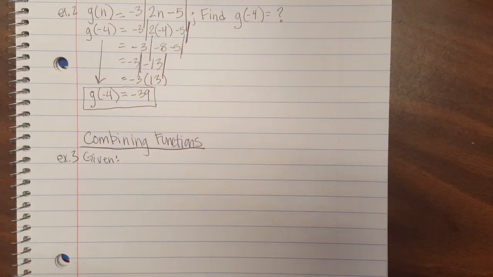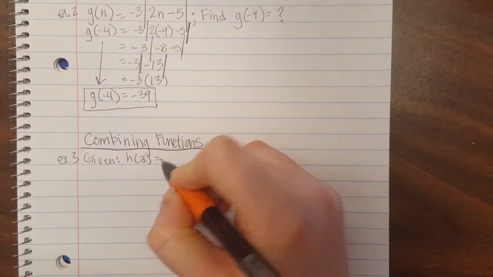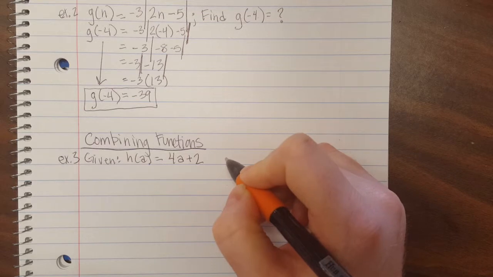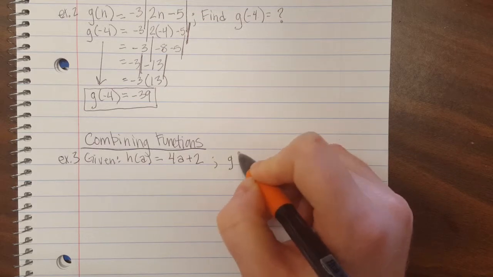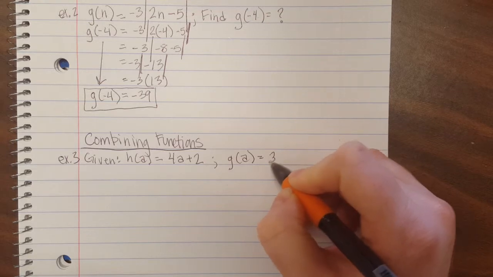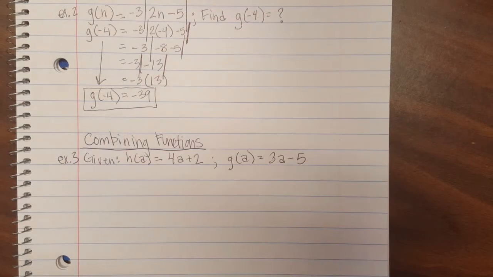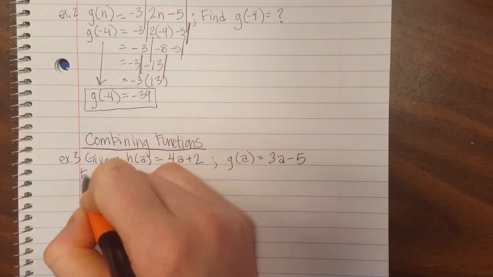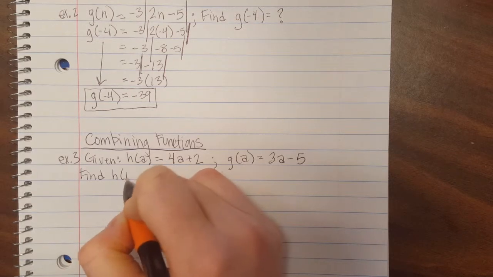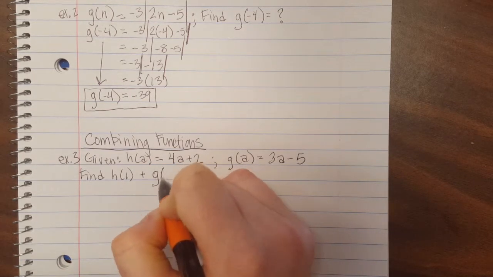So, given h of a equals 4a plus 2 and g of a equals 3a minus 5. Okay, we're going to first find h of 1 plus g of 1.